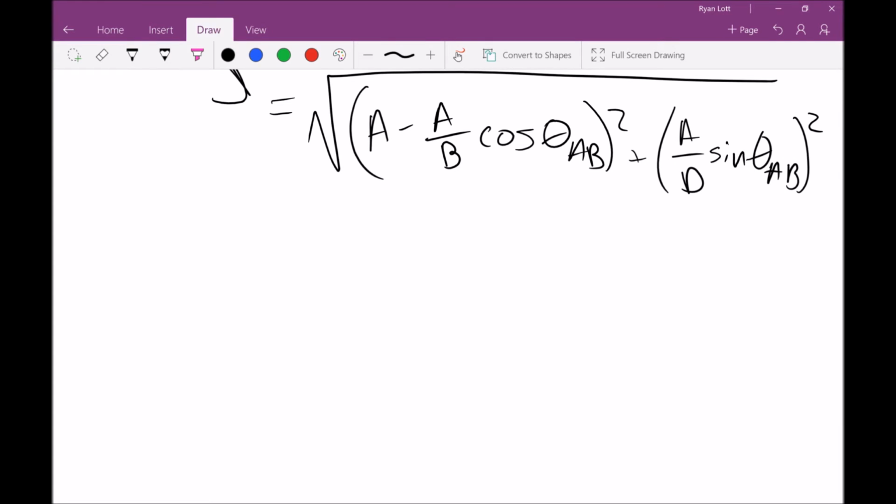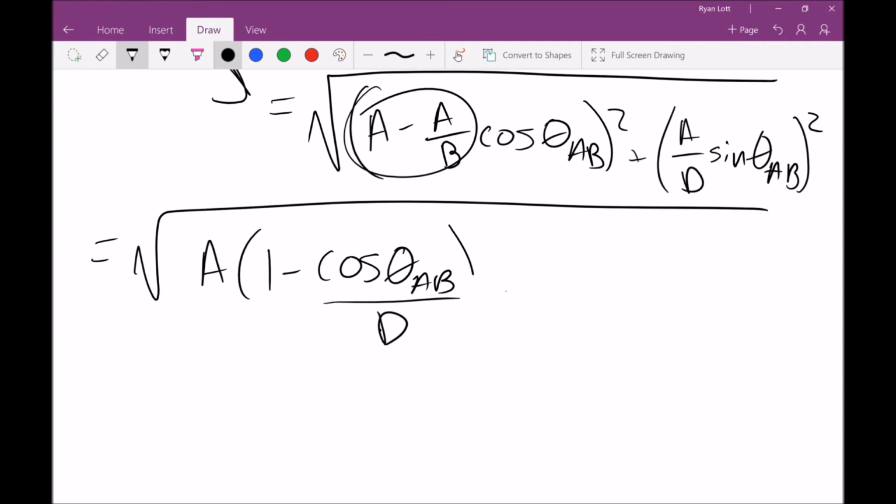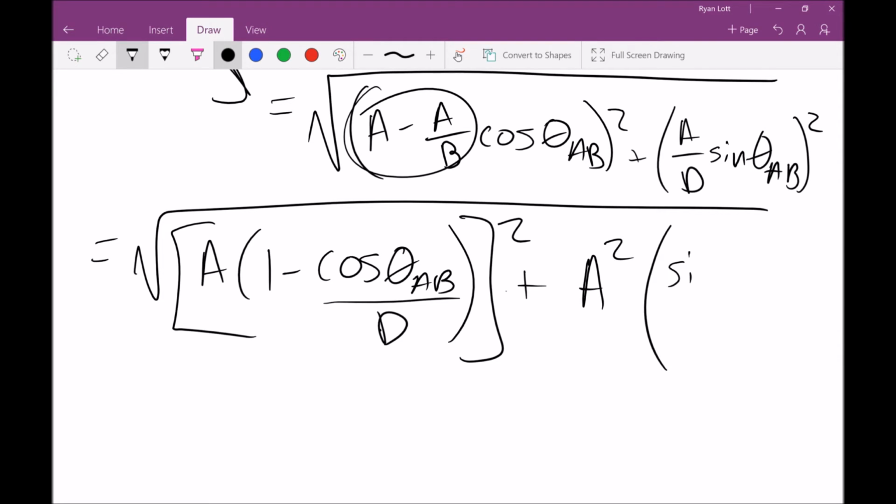So let's simplify this further. We can now pull out the A from this argument here and say that this is now the square root of (A times (1 minus cosine theta AB divided by D)) squared plus A squared sine squared theta AB divided by D squared.